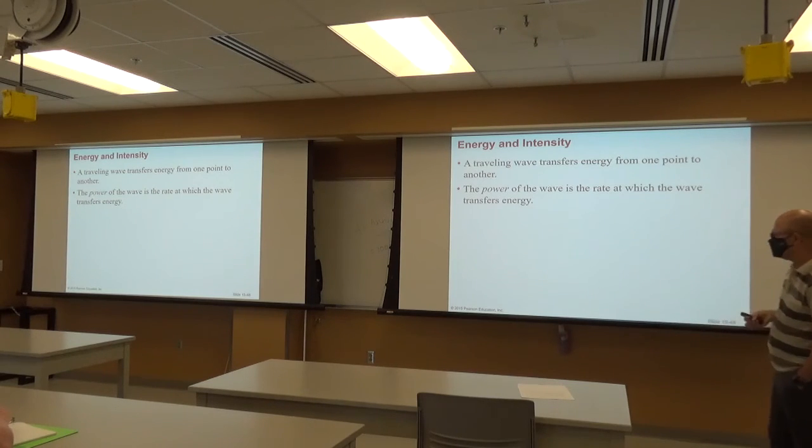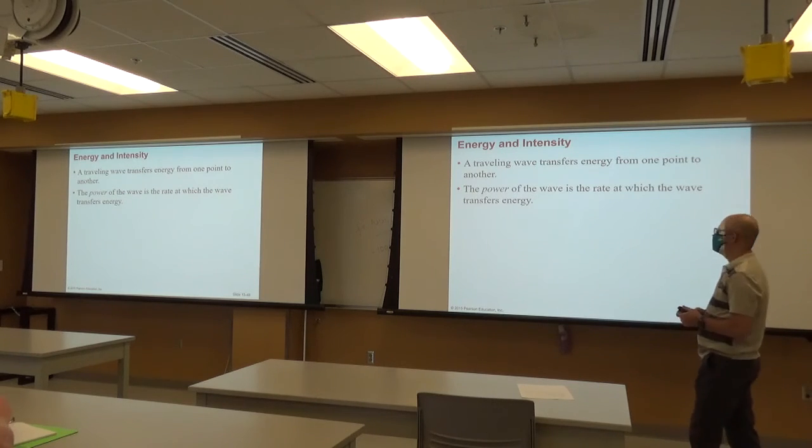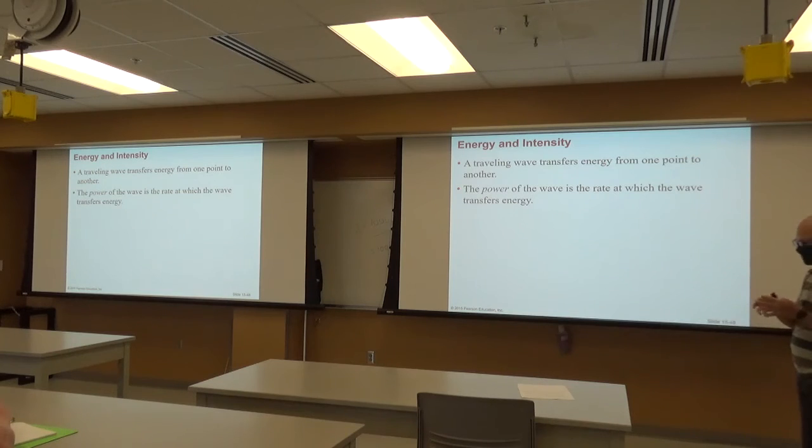What does that mean? That means how much energy it is transferring from electrical energy to some other energy. So the rate at which energy is transferred is the power. So the faster a source transfers the energy, the more power it has.